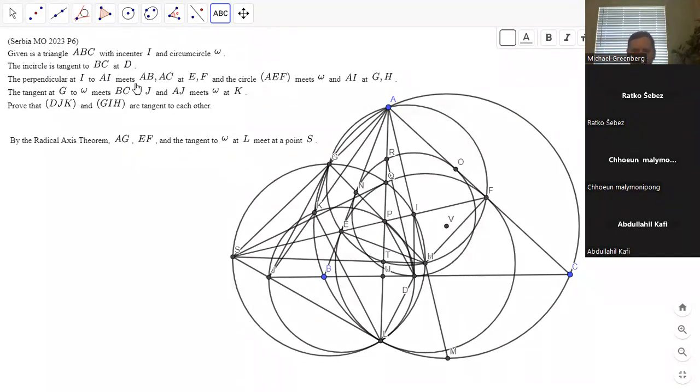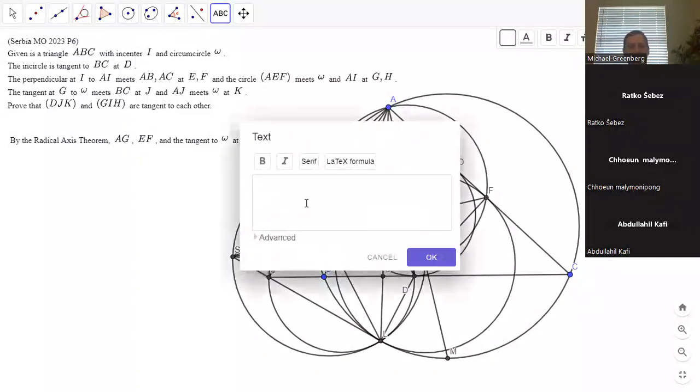And so A, Q, and L are collinear. Or I could just say it like this.